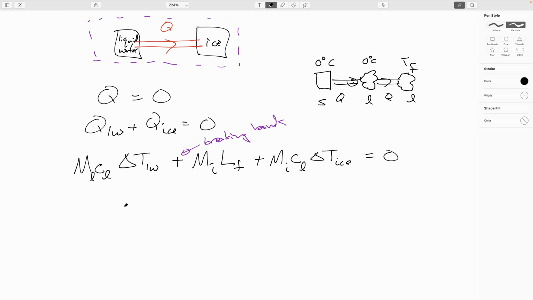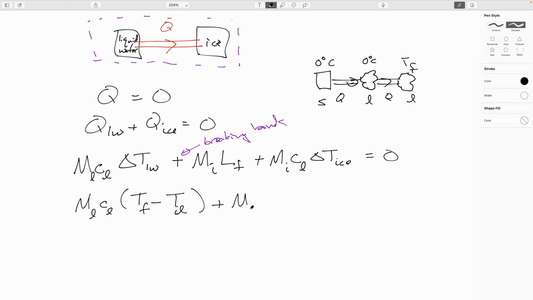Now let's go ahead and come up with expressions for the delta T's. So this will be mass of liquid water, specific heat of liquid water. This will be the final temperature of both the ice and the liquid water. And then we'll say minus T initial L for the liquid water.